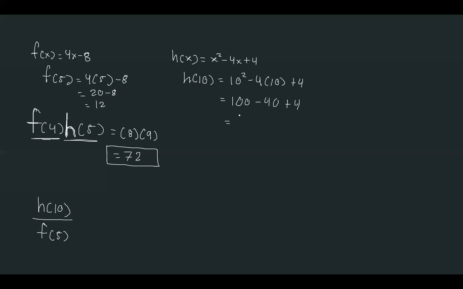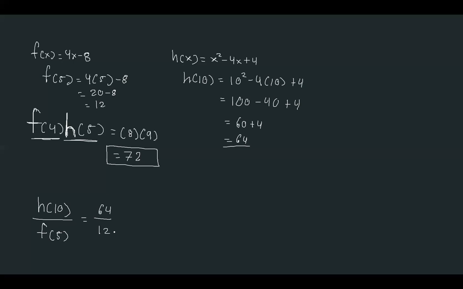So let's combine them together. So 100 minus 40, you have 60 plus 4. So you have 64. So h of 10 is 64. So that's it, 64 all over 12.